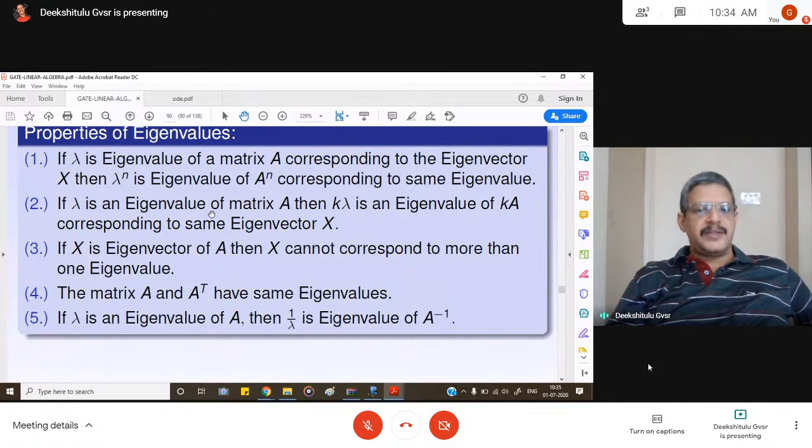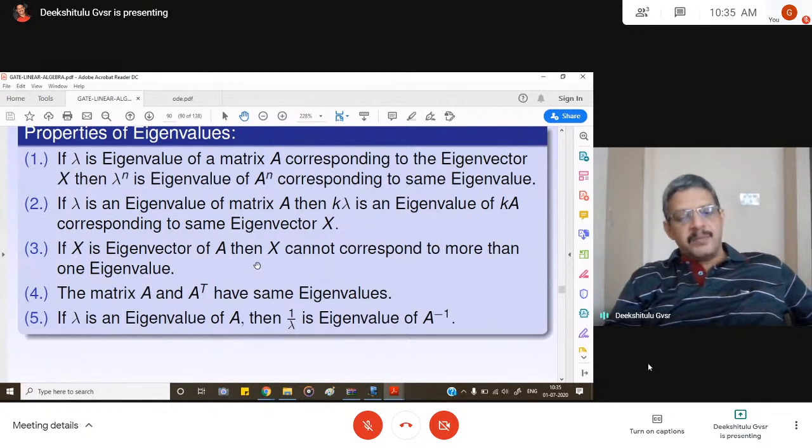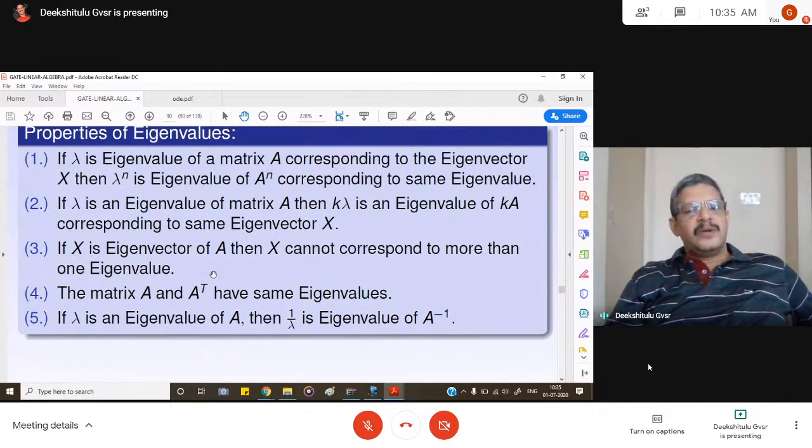If lambda is an eigenvalue of A, then k times lambda is an eigenvalue of kA, corresponding to the same eigenvector x, where k is a constant. This is the principle. If x is an eigenvector of A, then x cannot correspond to more than one eigenvalue. There can be only one eigenvalue corresponding to each eigenvector.